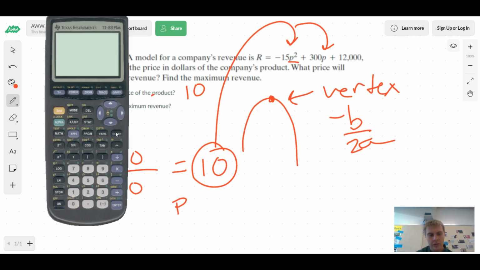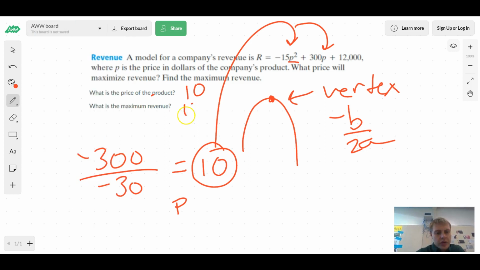And what you can do is just type in negative 15 times 10 squared plus 300 times 10 plus 12,000, and you would see that we would get our answer, which is 13500. Okay, so that's how I would do that problem.